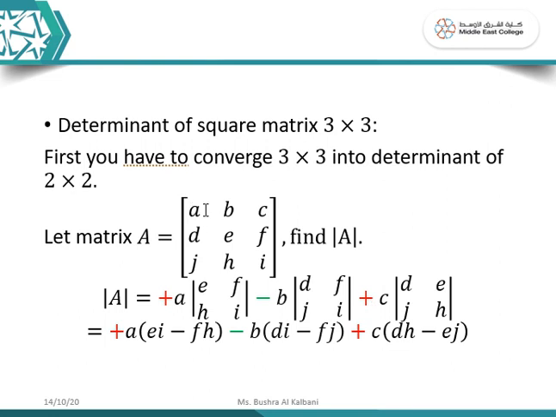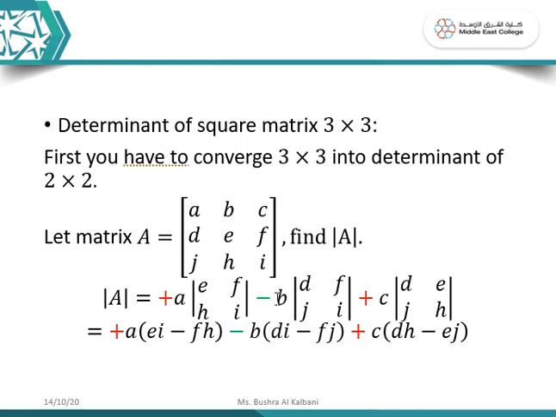Then you take the first element and delete its row and column. Like for example, A, B, C you delete, and also A, D, G you delete, and you get E, H, F, J.